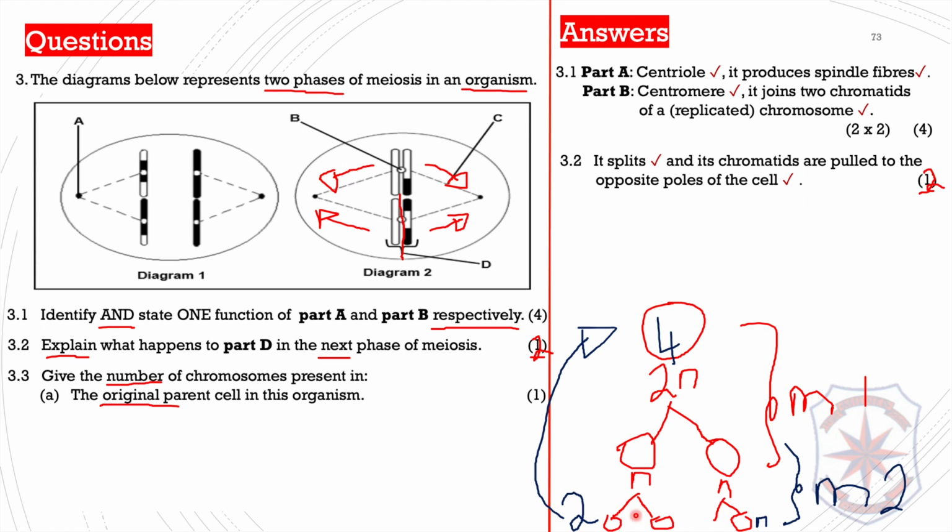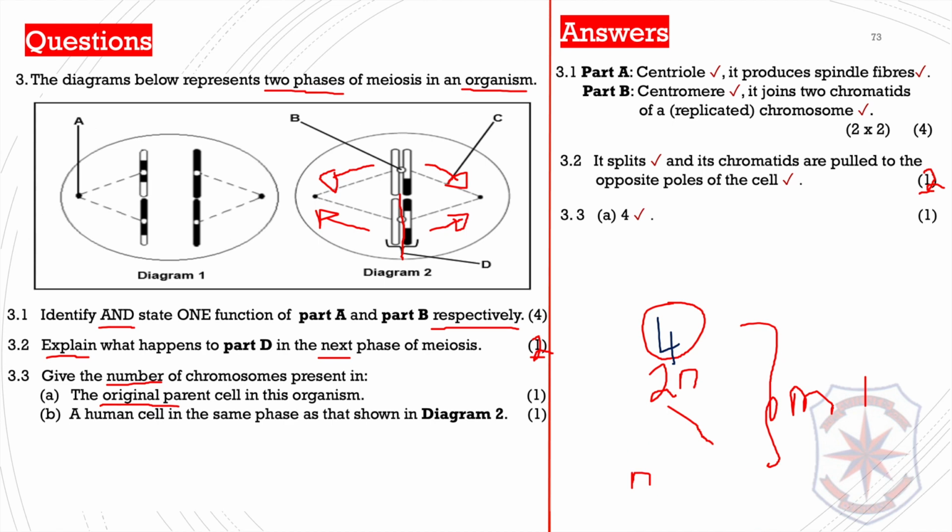Remember that the cell under meiosis 2 is haploid. The cells are always haploid. And then the cell under meiosis 1 are always diploid. So here we have a cell at meiosis 2. The question is asking us to give the chromosome number at meiosis 1. So we multiply that by 2. That means that the original cell had 4 chromosomes. Okay, let's check if that's correct. That is very correct.